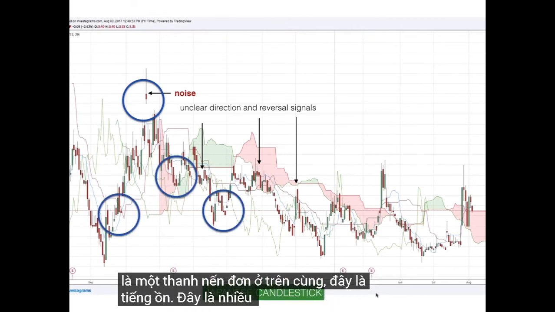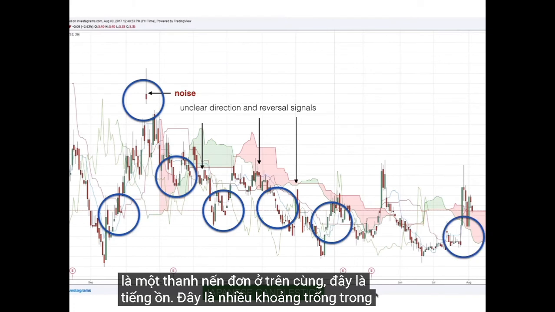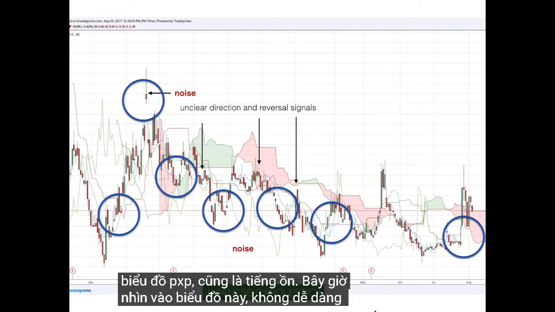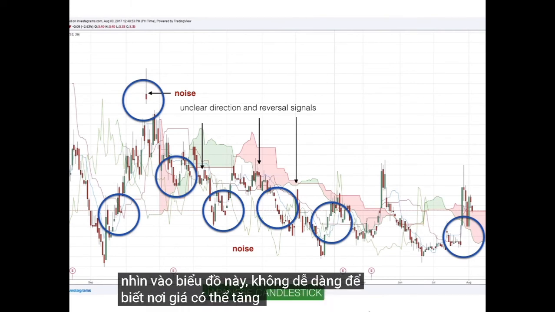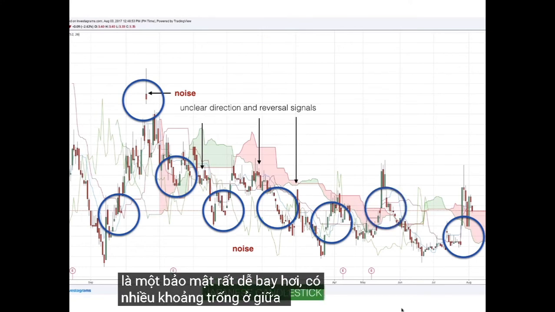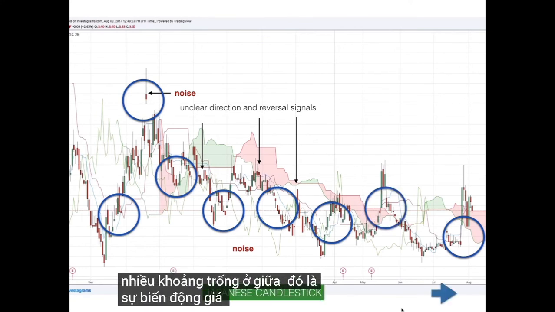These are the many gaps in the PXP chart, which also serve as noise. Looking at this chart, it's not easy to see where price might bounce because this is a very volatile security. There are many gaps in between. It succumbs to strong upward and downward price movements.